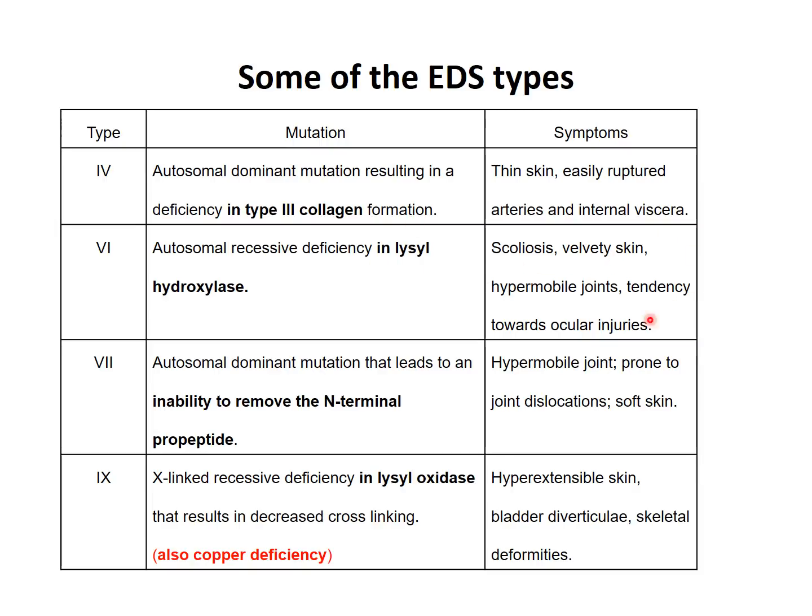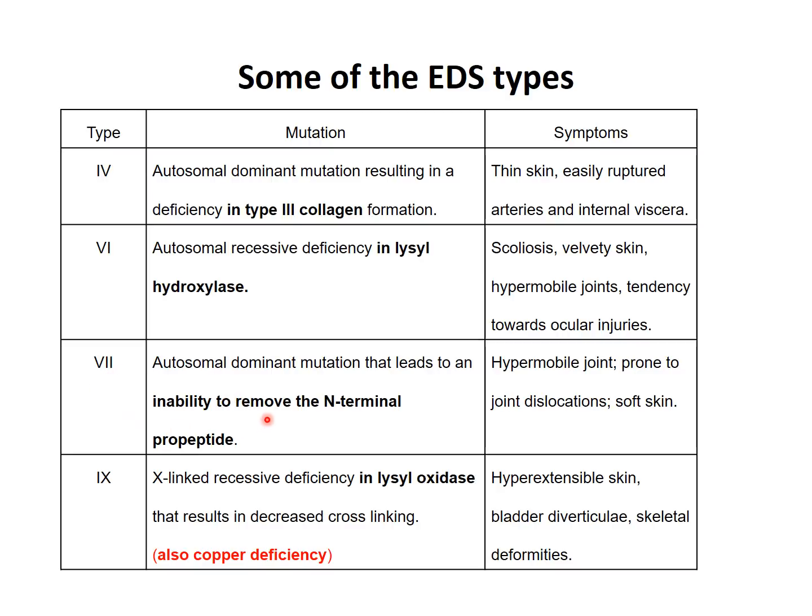So there can be a variety of consequences because this lysyl hydroxylase works with different kinds of collagen. So usually scoliosis, so some bone deformities, hypermobility of joints, skin problems, ocular injuries, because lysyl hydroxylase is important for almost every type of collagen modification.